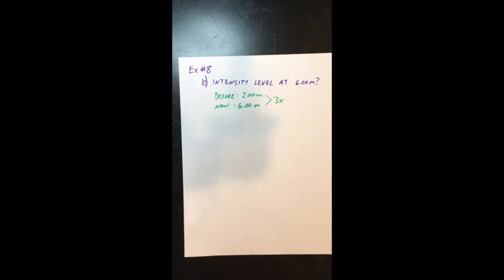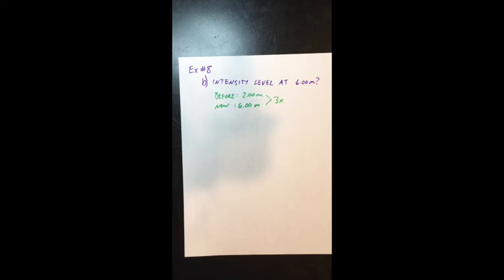Well, the surface area increases with the square of the radius. So the surface area for this sphere of sound as it goes away from the speaker is actually 9 times greater.